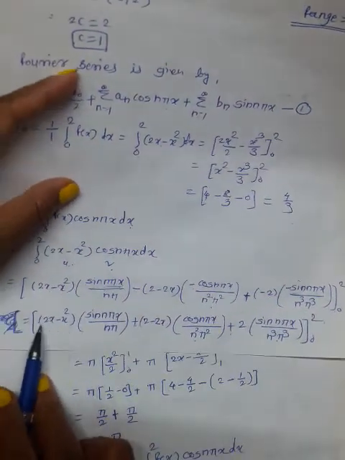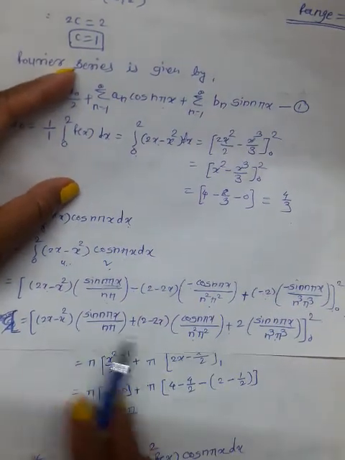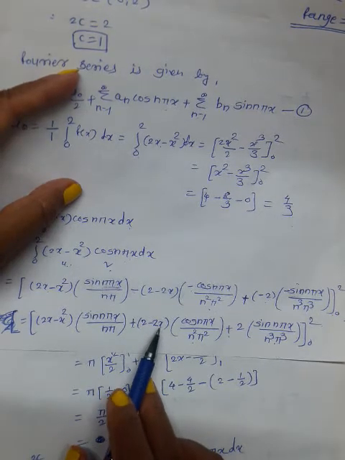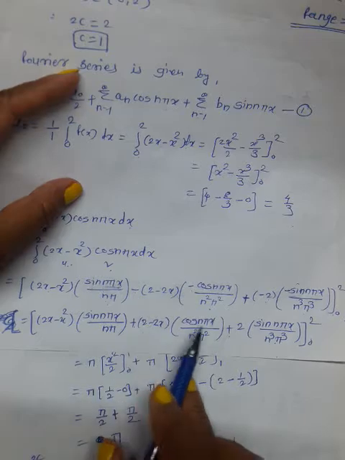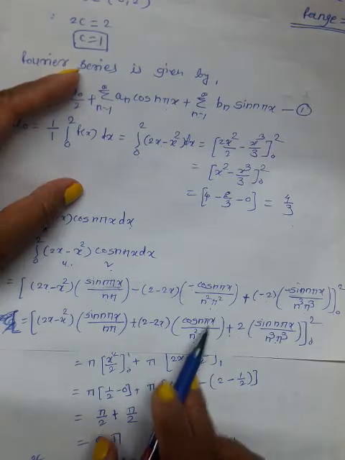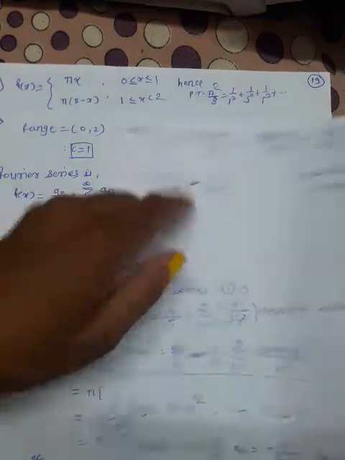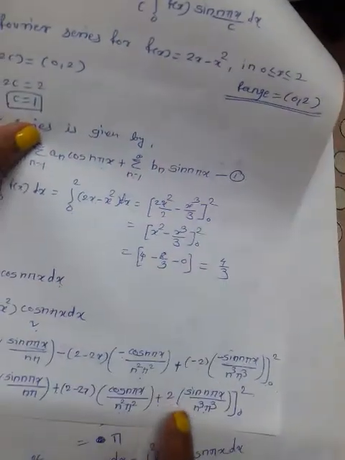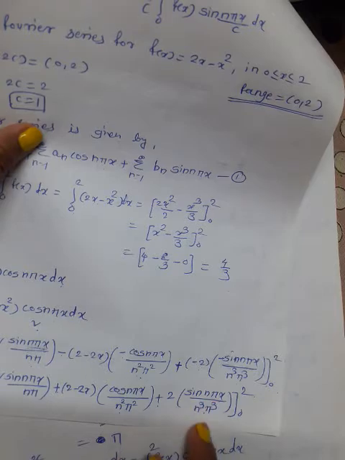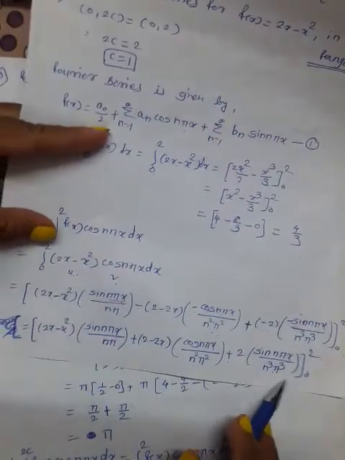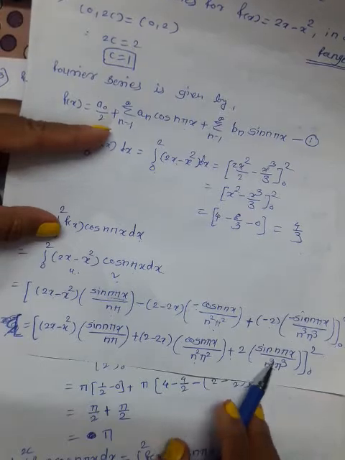Here 2 square is 4, 2 into 2 is 4, minus 4 is 0, here it is 0. Again 2 minus 2 times 2, 2 minus 4 is minus 2, and cos 2n pi upon n square pi square, minus 2 cos 2n pi upon n square pi square, plus 2 into sin 2n pi upon n cube pi cube, plus 2 into sin 2n pi upon n cube pi cube. Now minus the lower limit 0: sin 0 is 0, again sin 0 is 0.